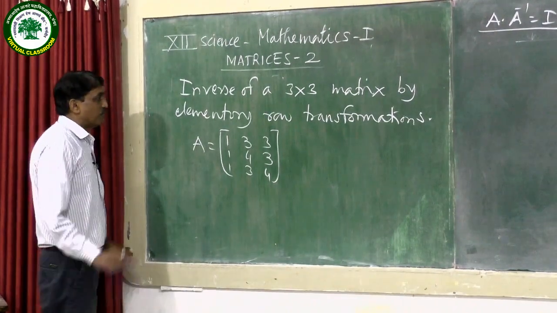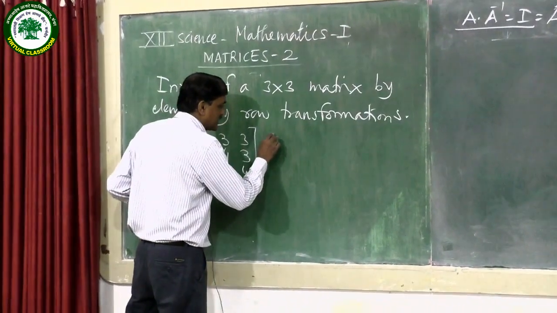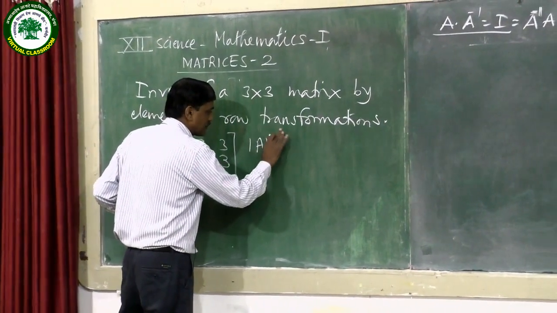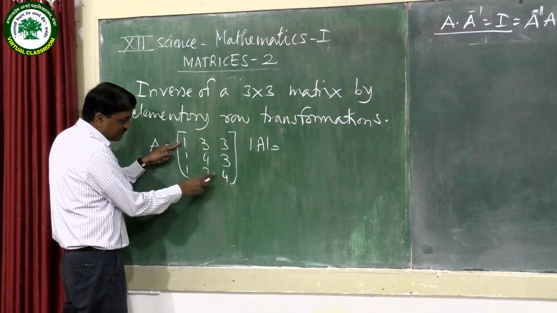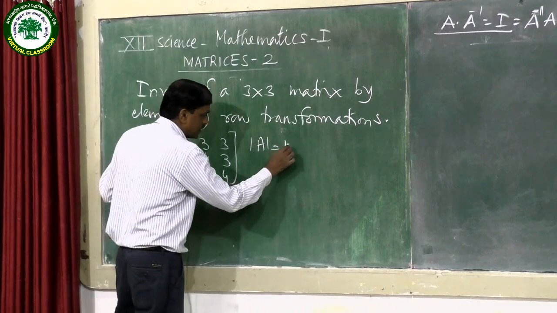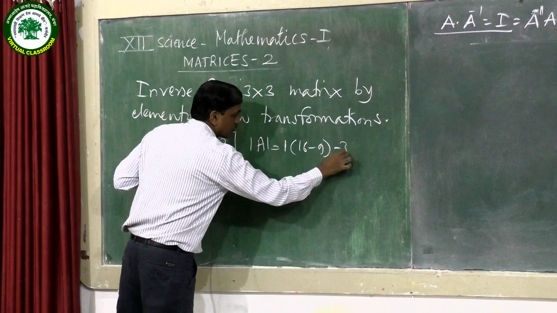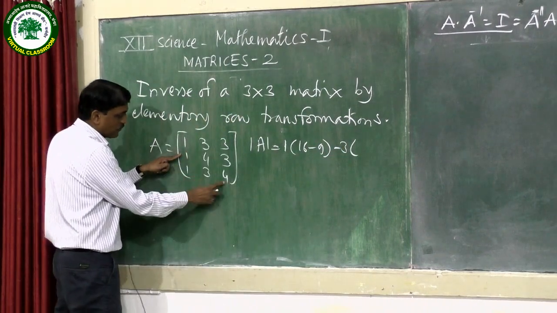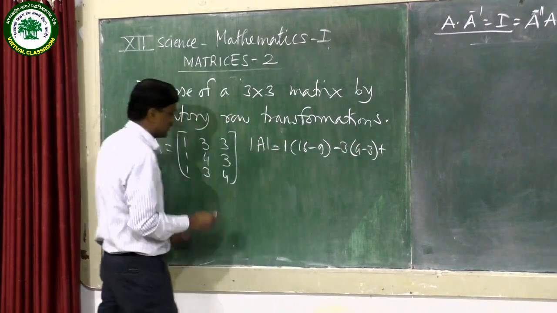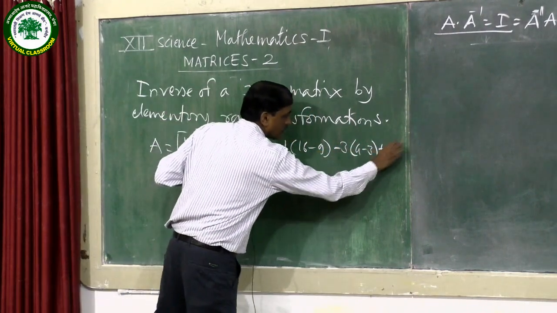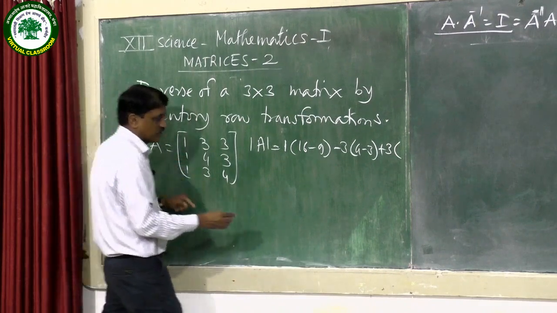Now, the first thing is to check its determinant. What is the determinant of A? It is 1 into (4 into 4, 16, minus 3 into 3, 9), so 1 into (16 minus 9), minus 3 into (1 into 4, 4, minus 3 into 1, 3, which is 4 minus 3), plus 3 into (1 into 3 minus 4 into 1, which is 3 minus 4).